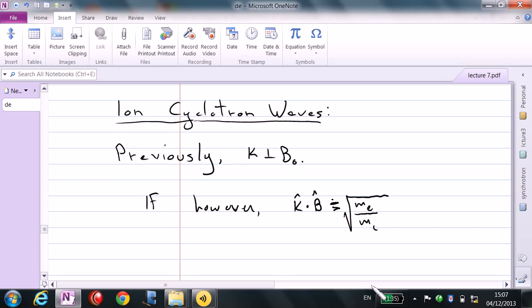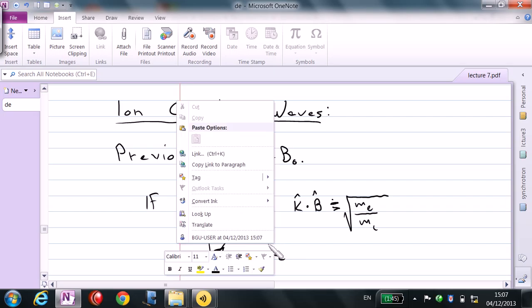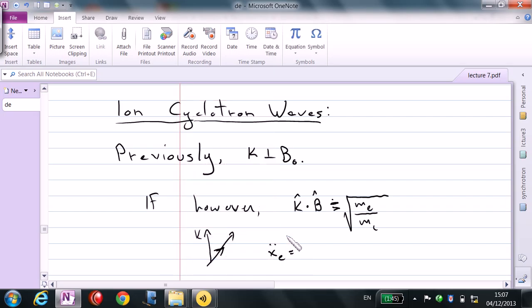Then, when the electrons feel an electric field along the k vector, let's say this is the k vector and this is the field, then they can actually slide along the field, with, let's say, x double dot for the electron equal to E over m sub e times the cosine of the angle between k and b.